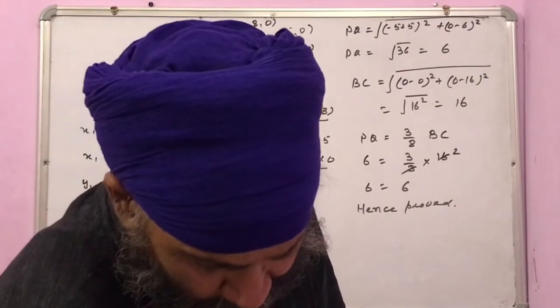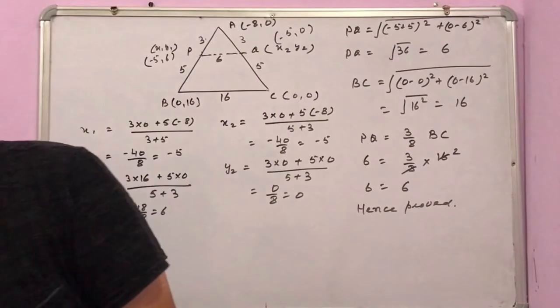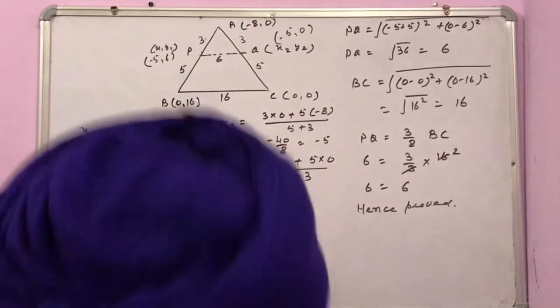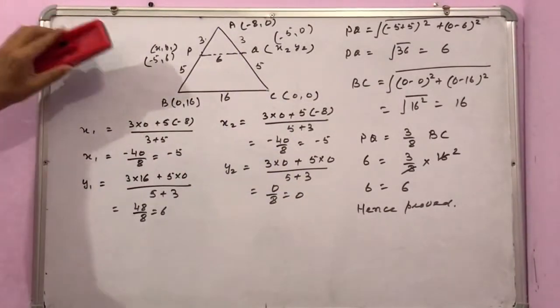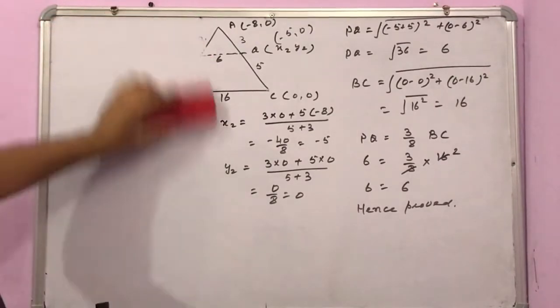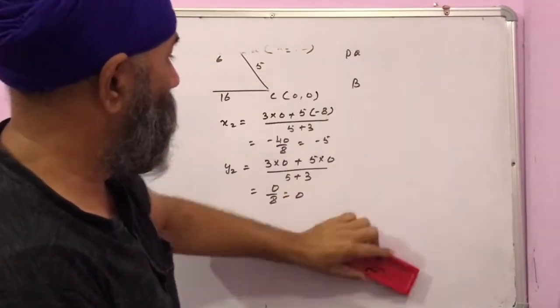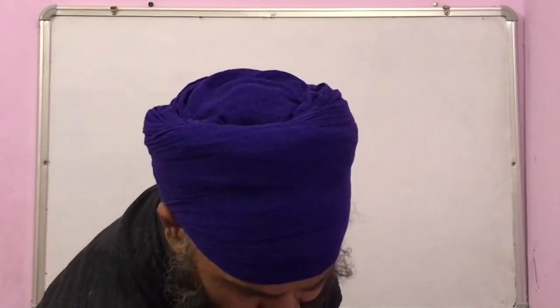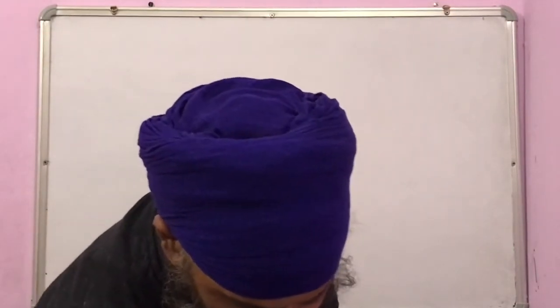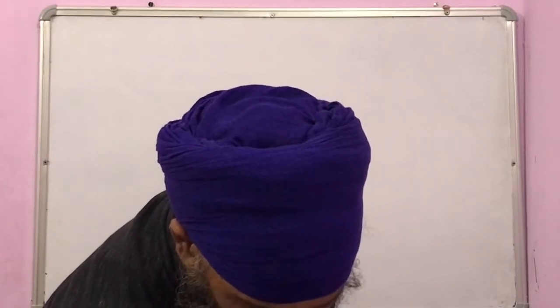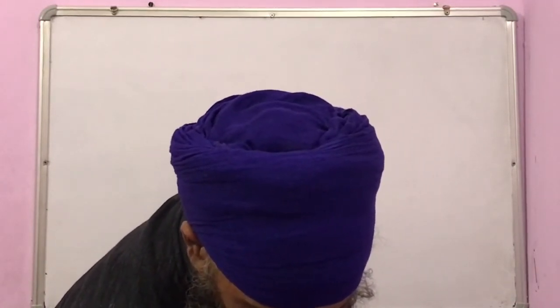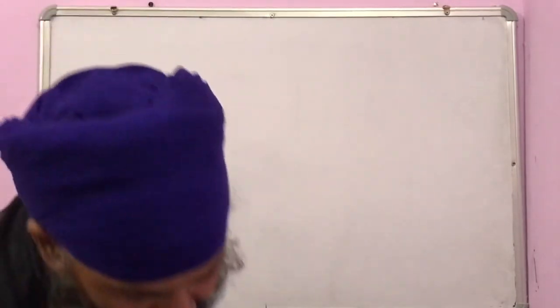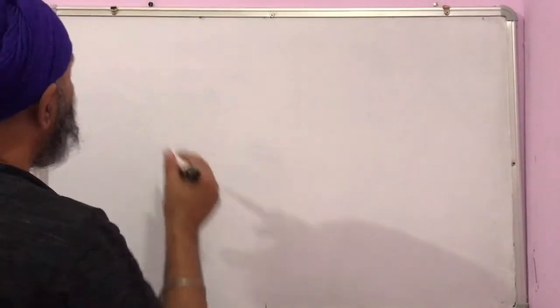question number 7. The midpoint of segment AB is shown in diagram, that is C. It is (4, -3).